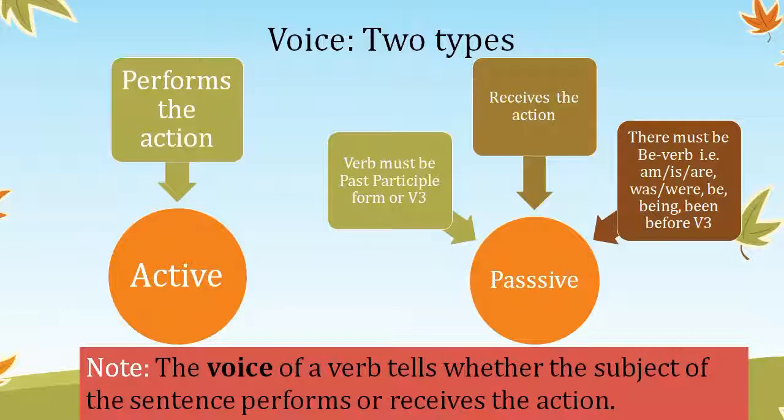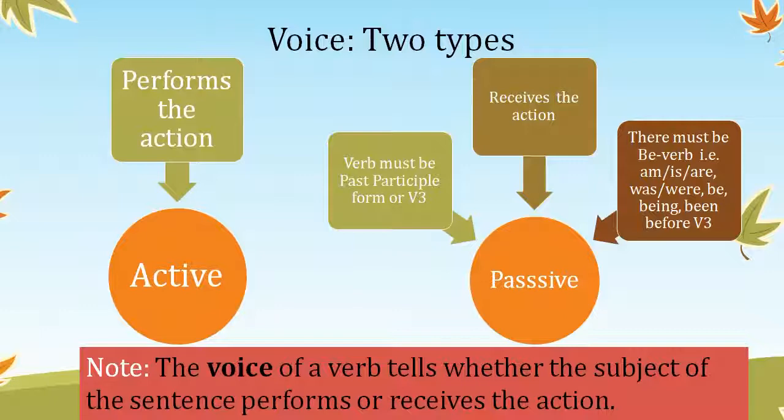The most important thing that you have to understand in passive is that the verb must be in past participle form, or the B3 form. You should not forget that.